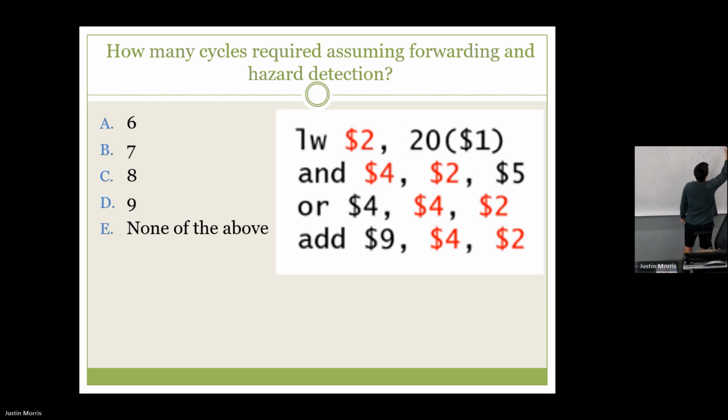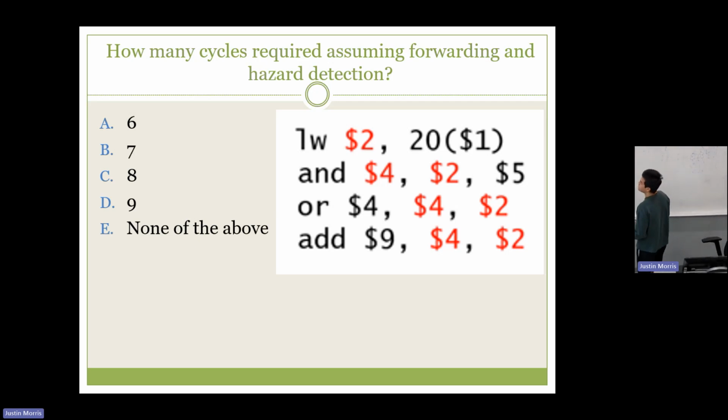Cycle 6. The load word is done, right? This instruction is in memory, and this one is in execute. And like we talked about already, we don't need to forward from the load word to here, even though we still have register 2, because in cycle 5, the data from this write back is at the input of the register file and is already sent and read correctly to this instruction.